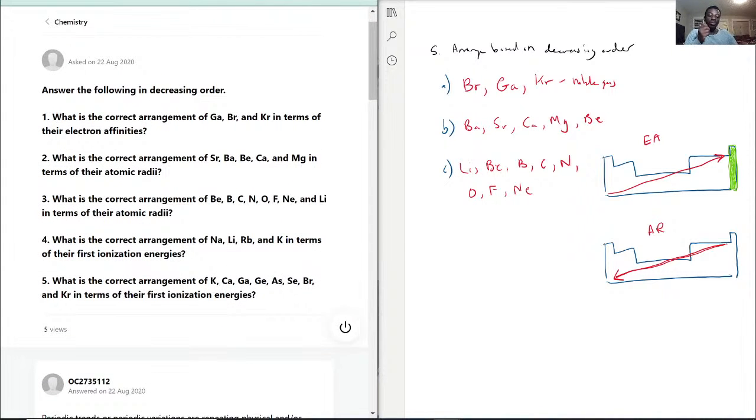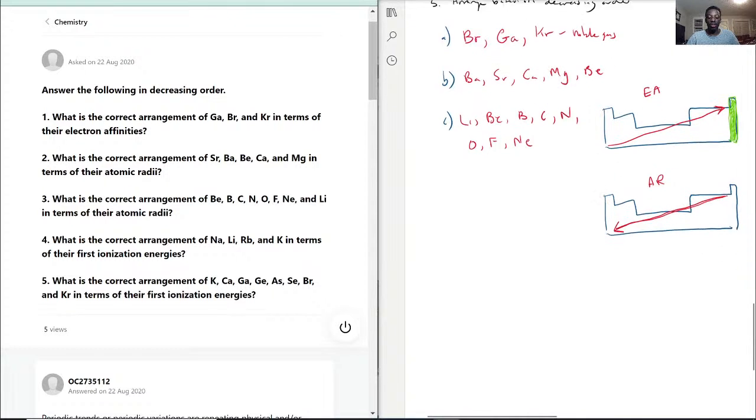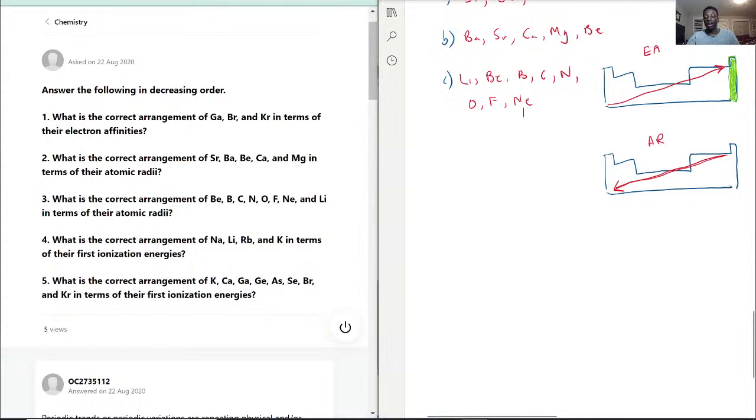And now we have, what is the correct arrangement of this in the first ionization energies? So this is going to be the energy it takes for them to give up their first electron. And the cool thing is that ionization energy follows the same trend as electron affinity.